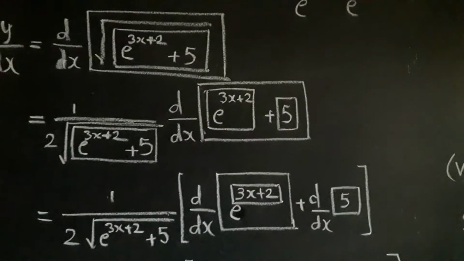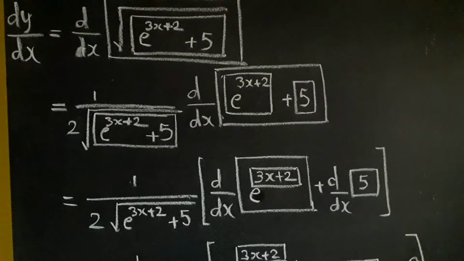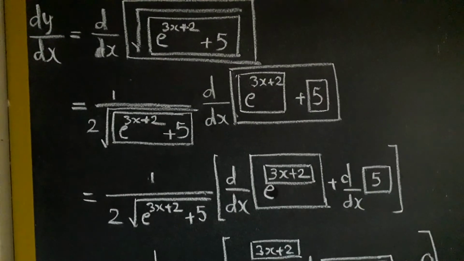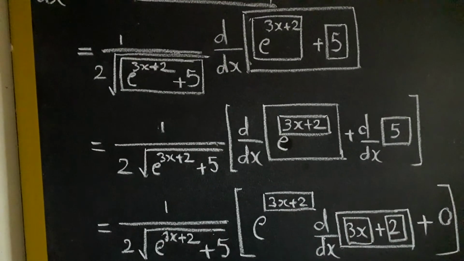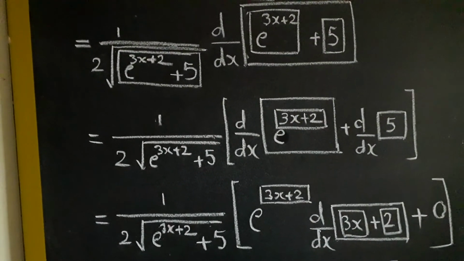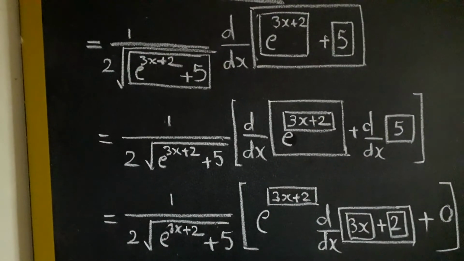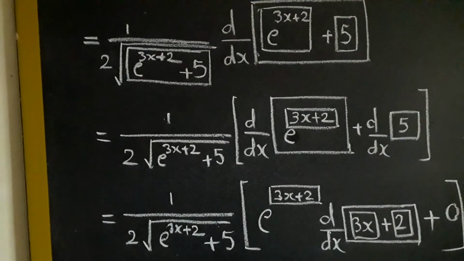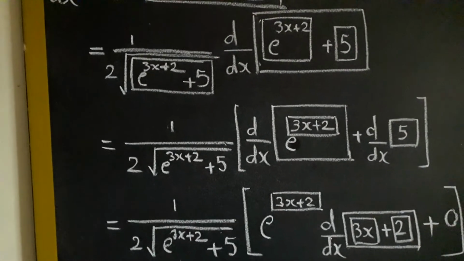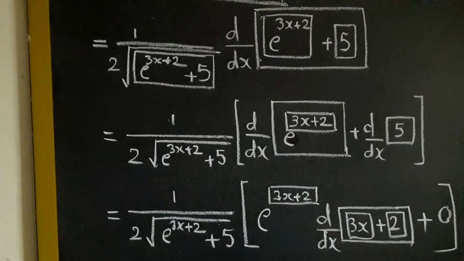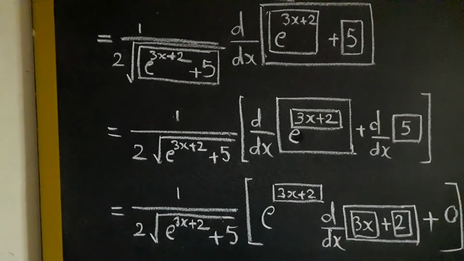So we use that to differentiate this box, and the derivative is e raised to the box as it is, multiplied by the derivative of that box, since the box is not open. So we find d dx of 3x plus 2.